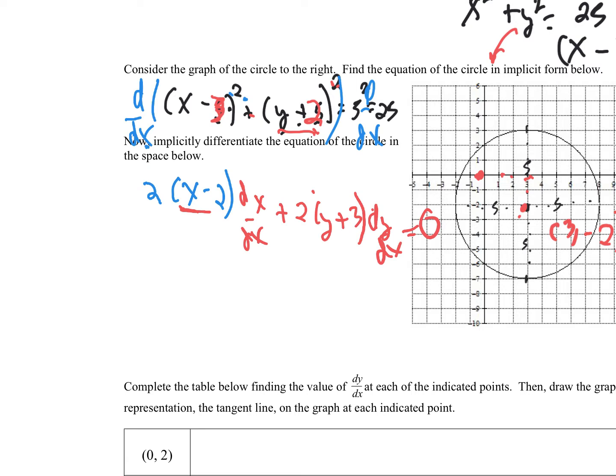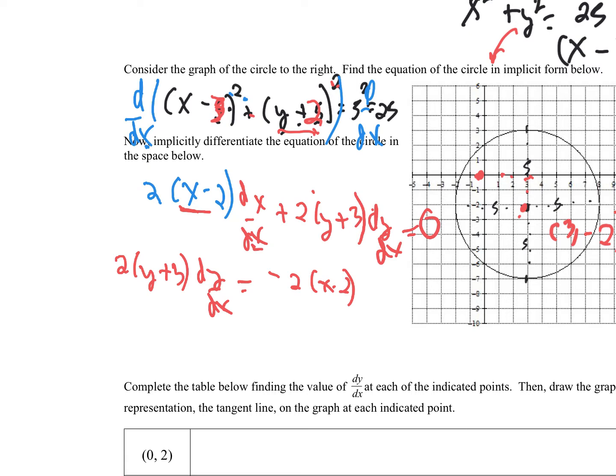I can solve that for dy/dx. I'm going to keep everything on the left that has a dy/dx. The (2y plus 6) dy/dx equals the negative of the (2x minus 6), and dx turns into 1, so I'm going to leave it like that.